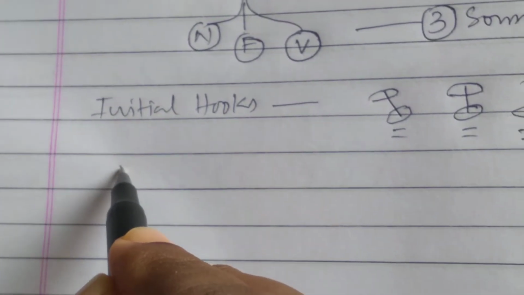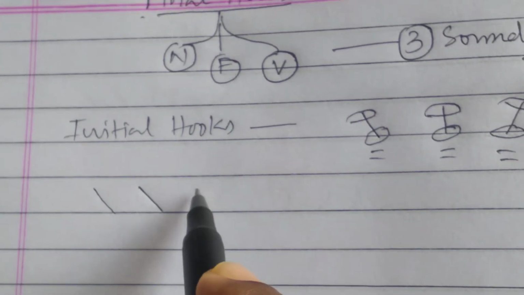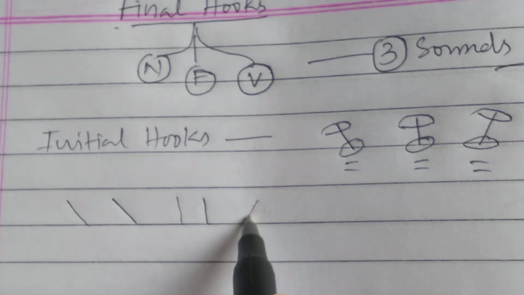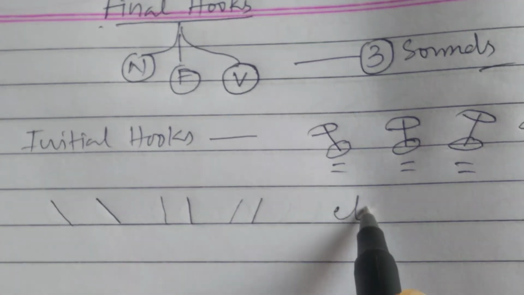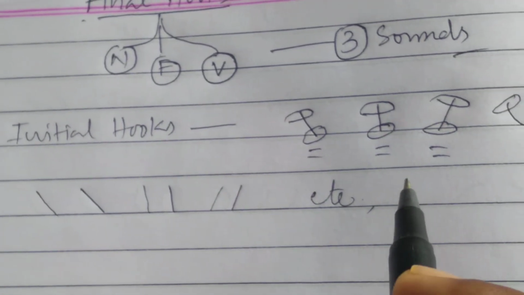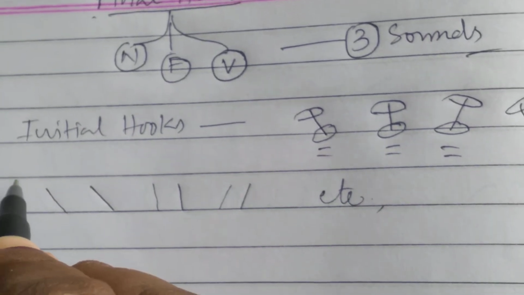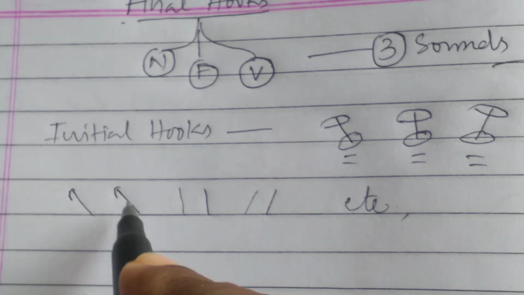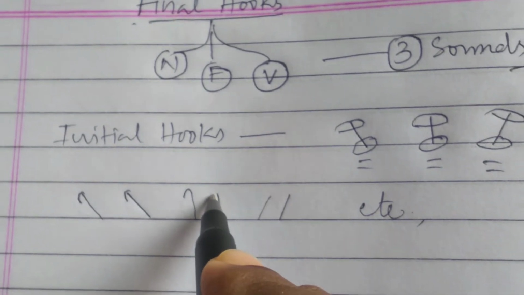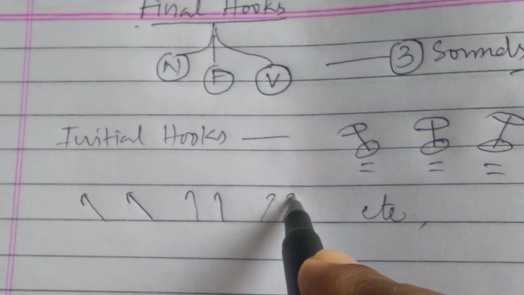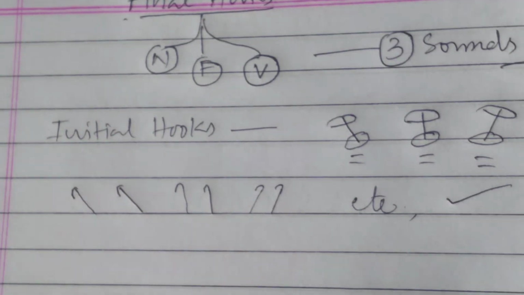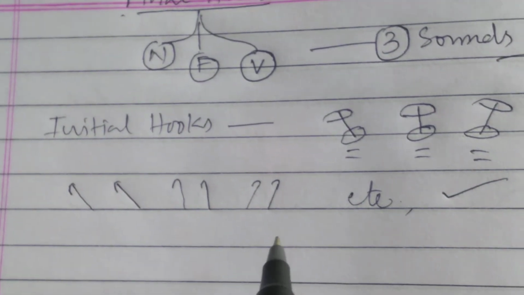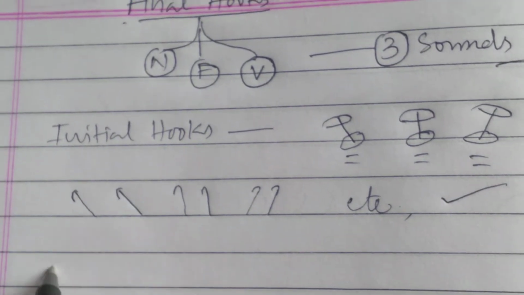If I write the strokes like PB, TD, JJ, etc. Already we learnt initial hooks by giving a small hook initially like this: per, bur, ter, der, cher, jar, etc. Now I am going to enter into final hooks.